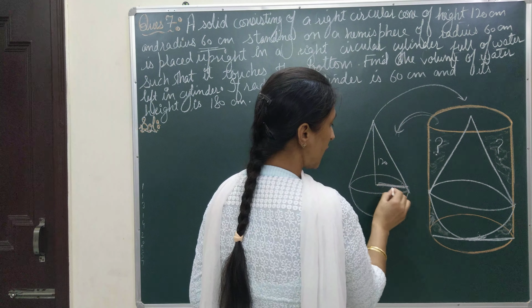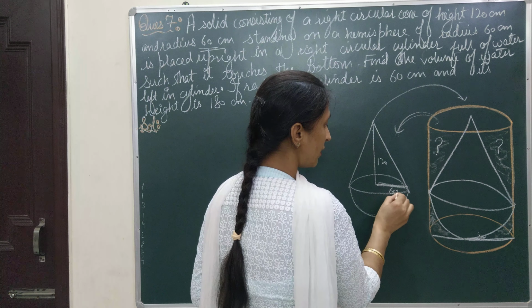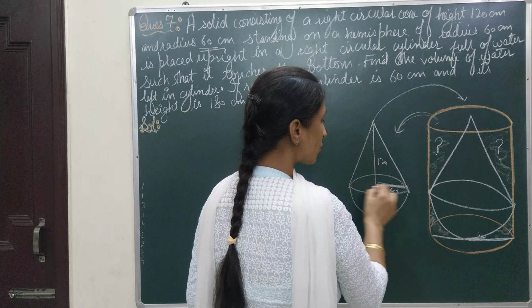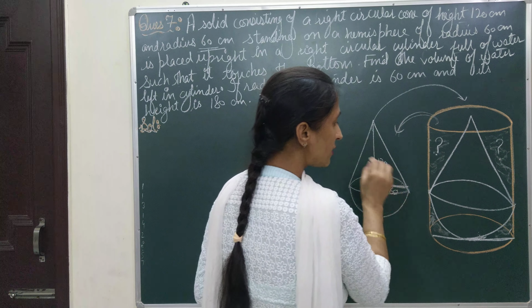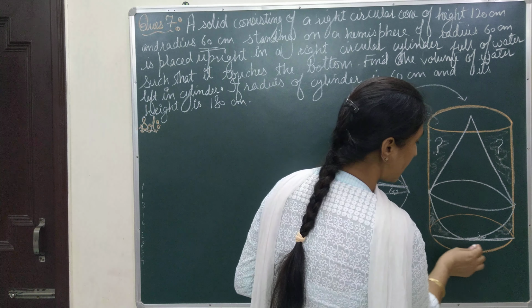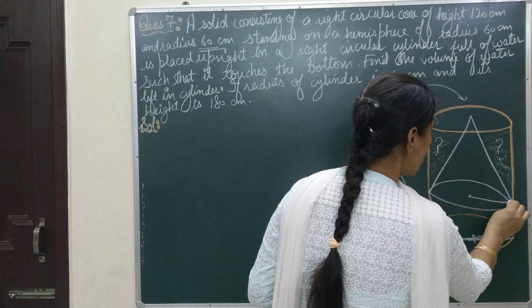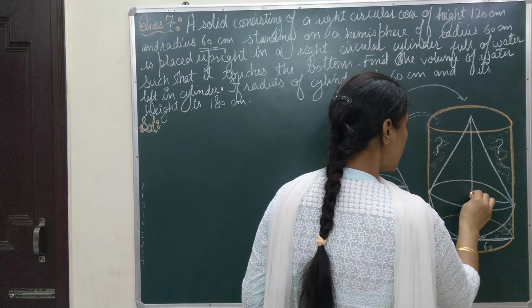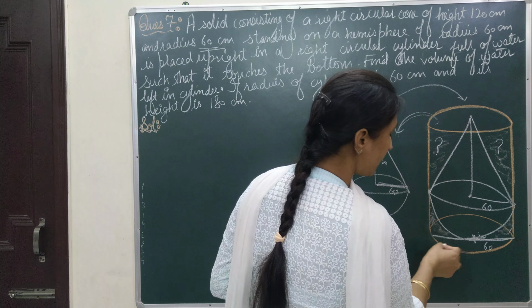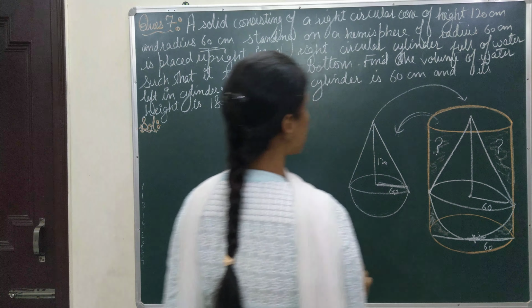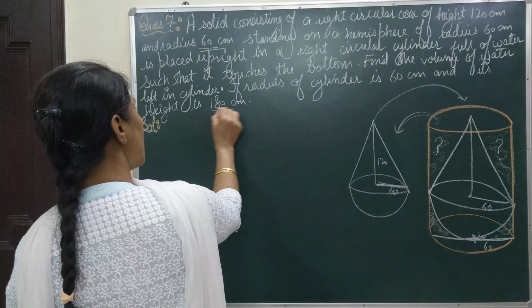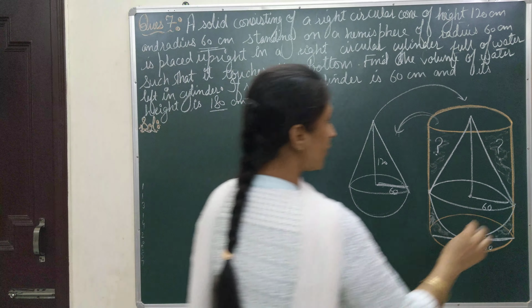See here, the hemisphere was having the radius 60 centimeter. This cone was also having the radius 60 centimeter, and same as the radius of the cylinder also. So all these three figures, cone, hemisphere and cylinder, are having radius 60 centimeter. Also you are given that the height of this cylinder is 180 centimeter.